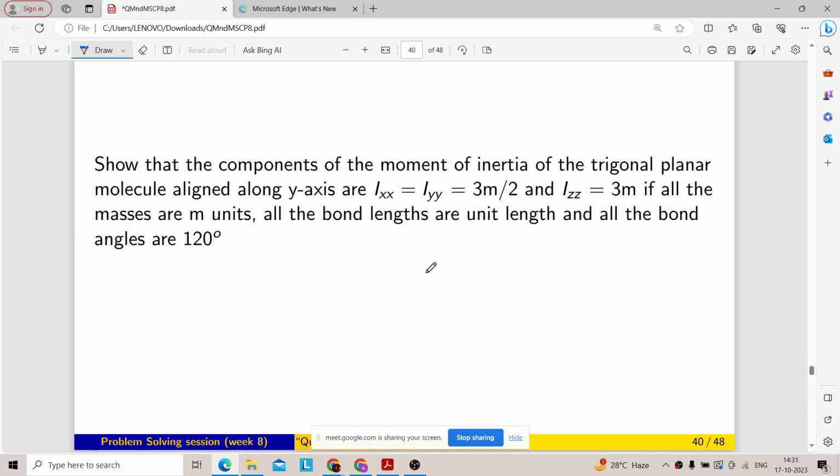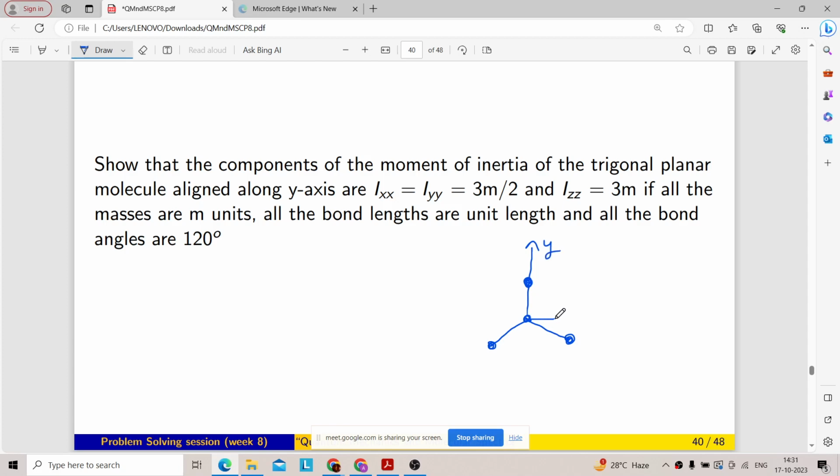Okay, so we are given a trigonal planar molecule. I didn't draw it, but let me draw it here. So the molecule is like this. It's a trigonal planar molecule. One of the atoms is aligned along the y-axis.